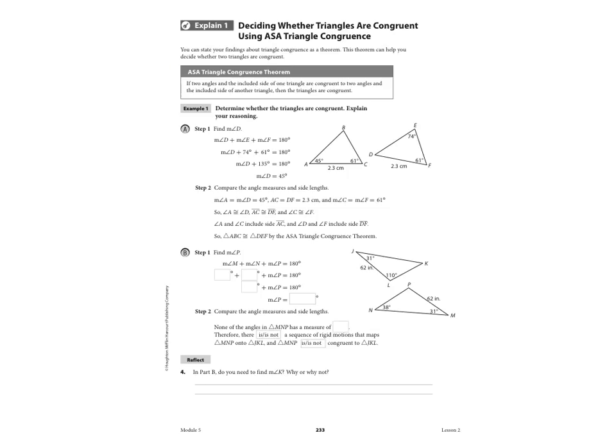Okay, so now on page 233, we are doing angle, side, angle. And right here, it talks about if two angles and the included side of one triangle are congruent to two angles and the included side of another, then the triangles are congruent.